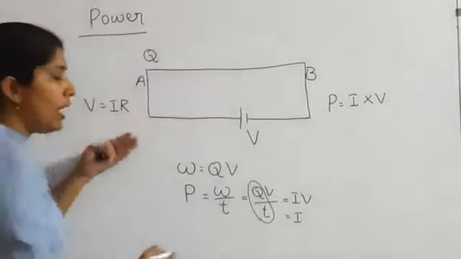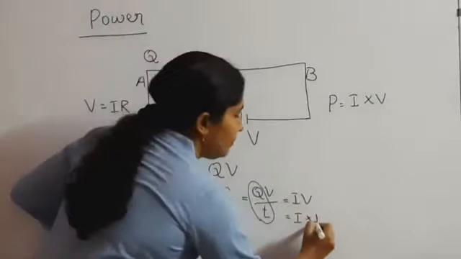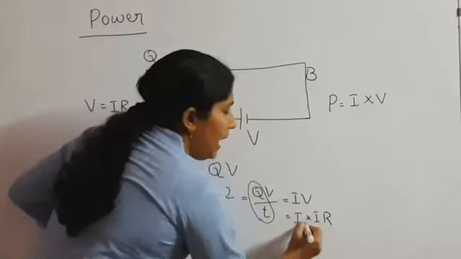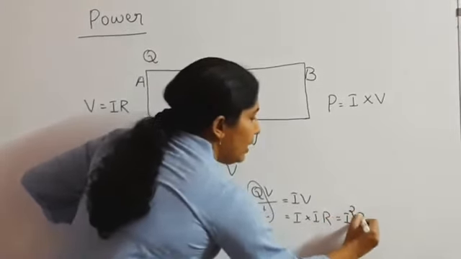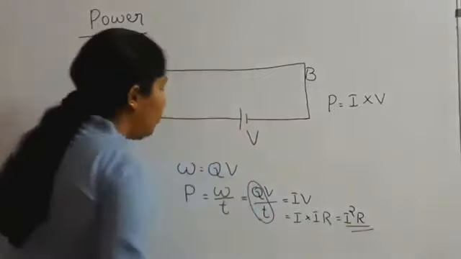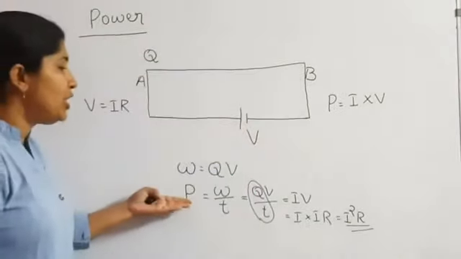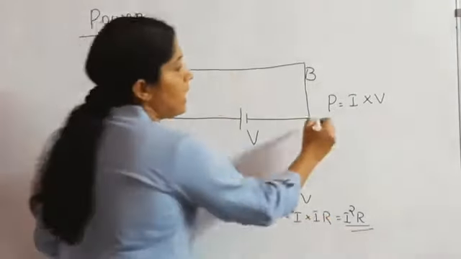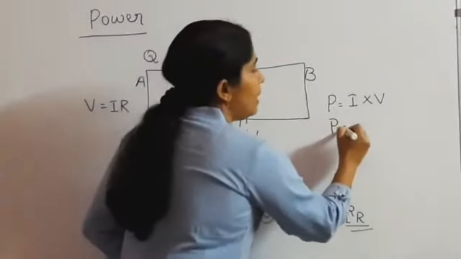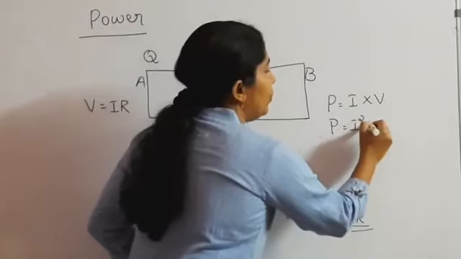V is equal to I into R. Then I into I is I square. Therefore, I square into R. Then what about the power? The second equation for the power is I square R.